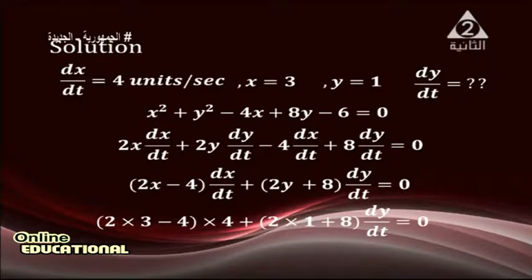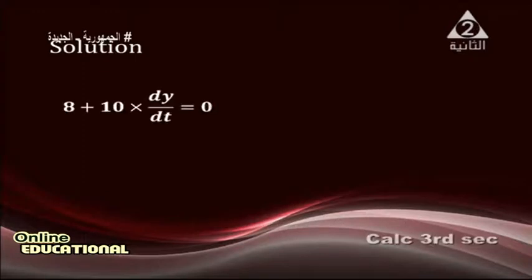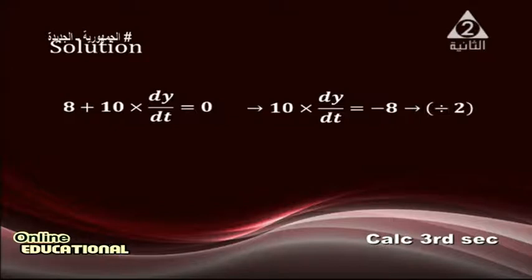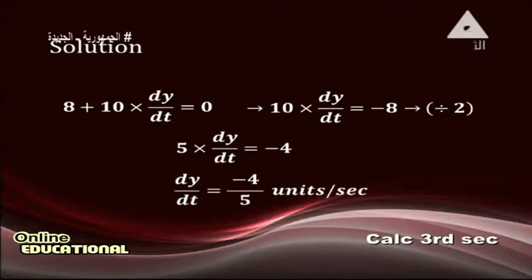The first term is 8 plus 10 dy/dt equals 0. Then 10 dy/dt equals negative 8. Then by dividing both sides by 2, 5 dy/dt equals negative 4, and dy/dt equals negative 4/5 units per second.